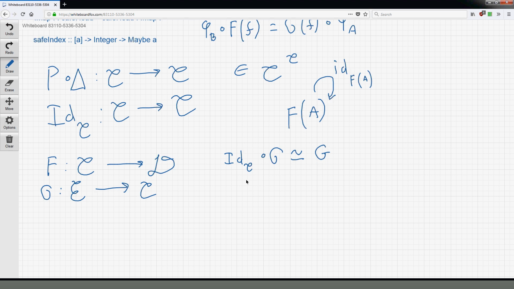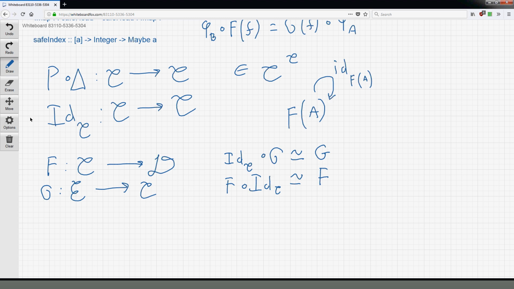They're only equivalent up to natural isomorphism. And the same goes for the other side, I know I switched these around, but you can figure out what I mean. So these are no longer considered equal when you compose them with the identity functor. They're only equal up to a natural isomorphism.